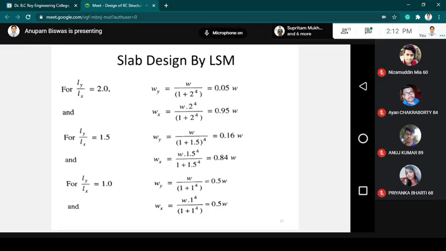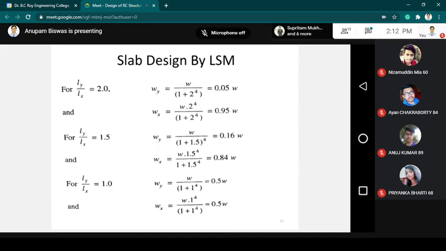Whereas when the ratio of Ly by Lx is more than 1, you can see that the maximum portion of the load is carried by the shorter span.